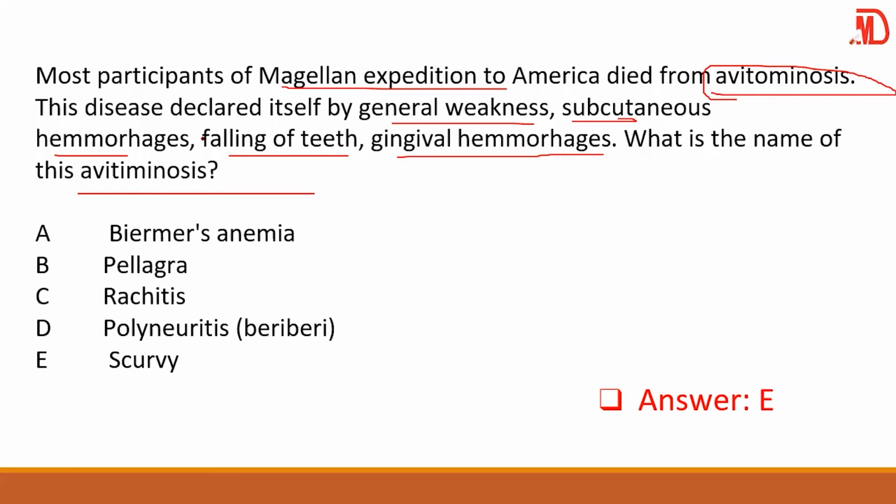That's why when people are suffering from sores in the mouth or a lot of problems in the mouth, we ask them to take vitamin C, because it will not only stop the hemorrhages, it also helps in healing. So this person is suffering from vitamin C deficiency. The answer is E, scurvy.